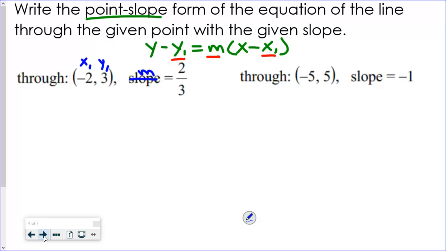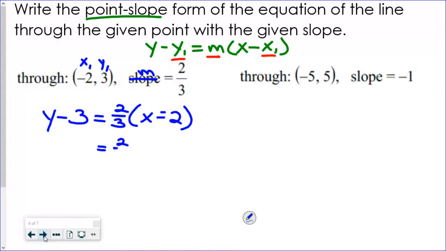So it's y minus y1 equals my slope, x minus x1. And that's a minus a negative. The only thing you might want to do is change that to a plus, but it doesn't have to be. If you write minus a negative, I'm not going to totally dock you points or anything.